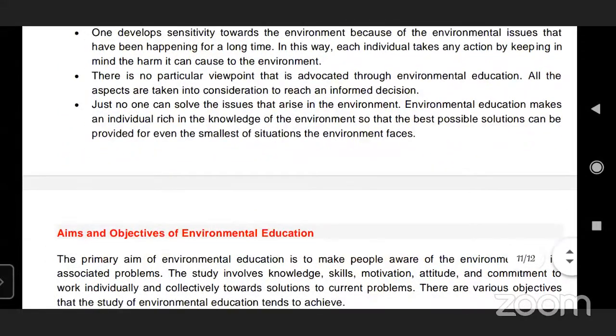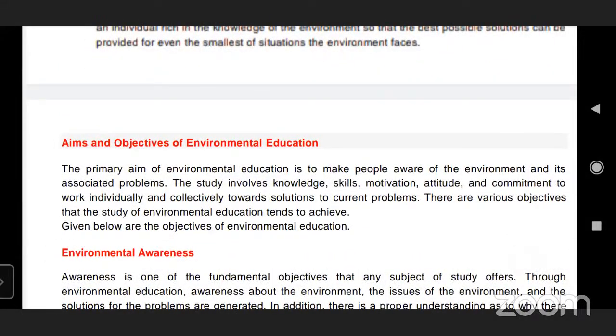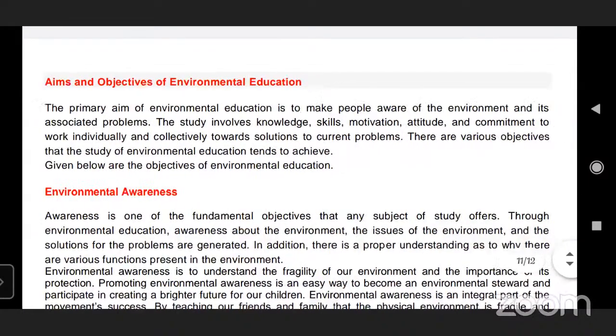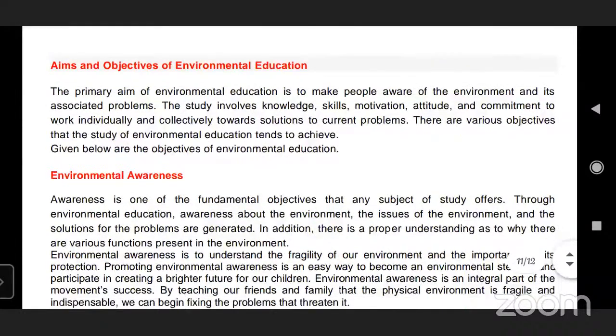So next, coming to the importance of environmental education: what are the aims and objectives of environmental education? Generally, the primary aim of environmental education is to make people aware of the environment and its associated problems.